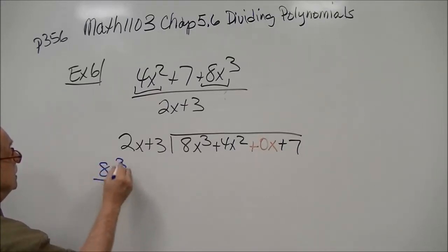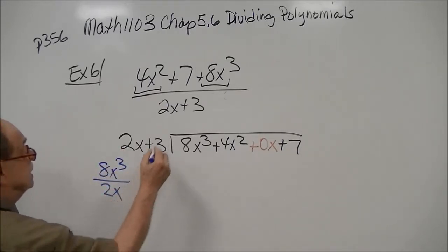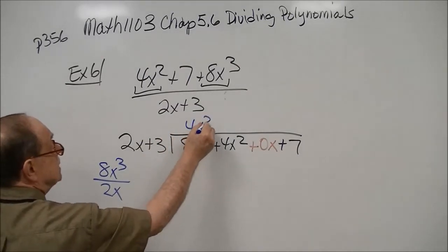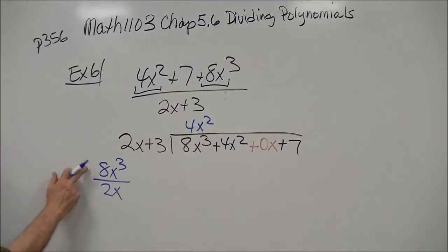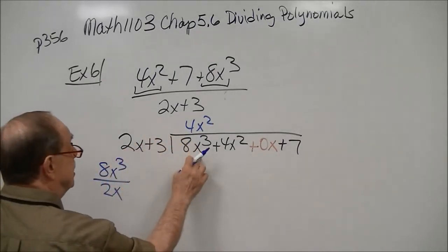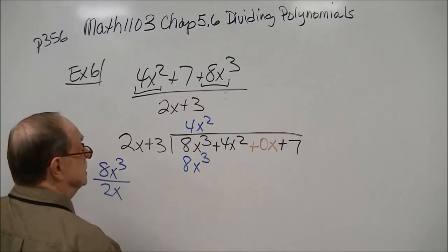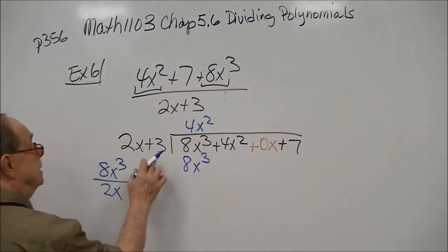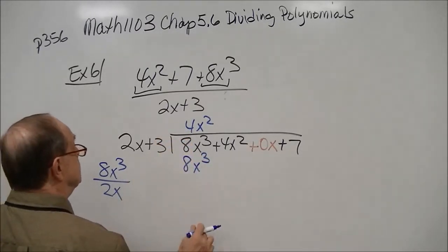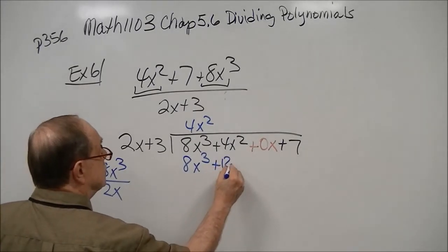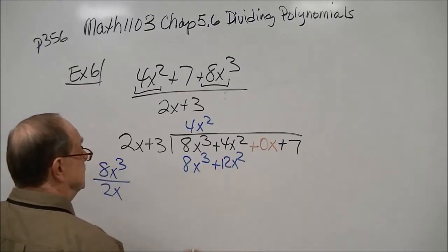8x to the third divided by 2x gives us 4x squared. We're just simplifying that. Now, this times this will always give you this, 8x cubed. And then this times this gives you a plus 12x squared.